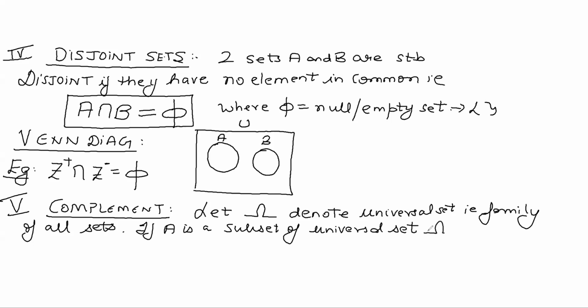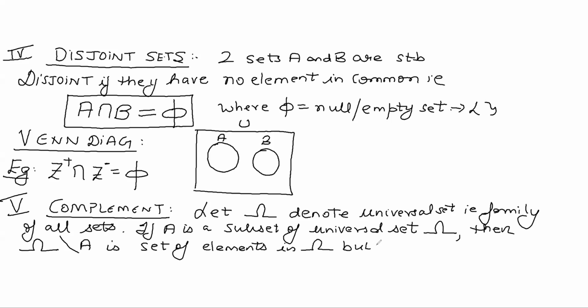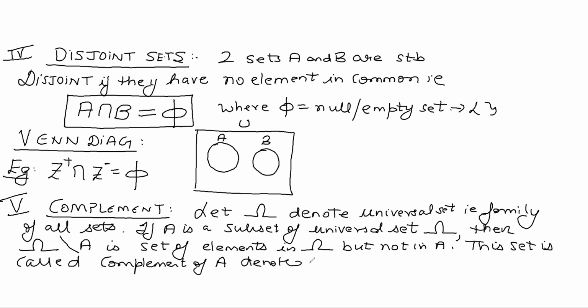If A is a subset of the universal set, then the universal set but not A is the set of elements in the universal set but not in A. This set is called the complement of A, denoted by A dash or A complement, or A bar.